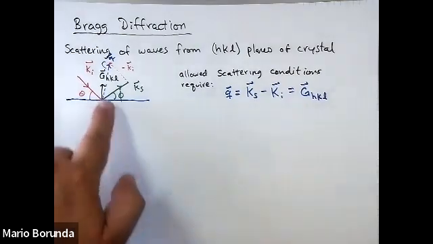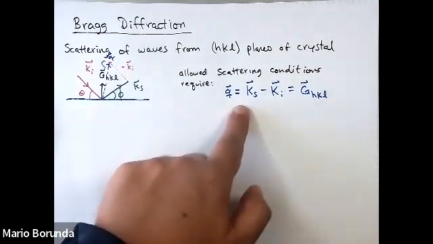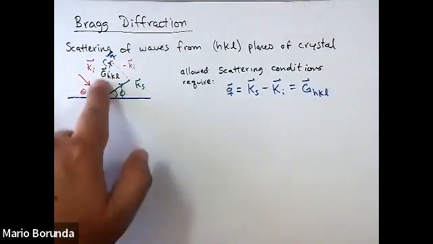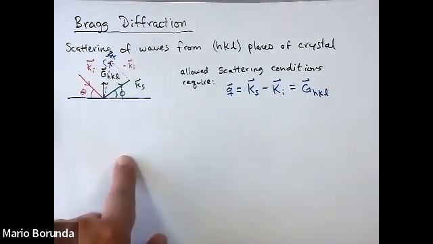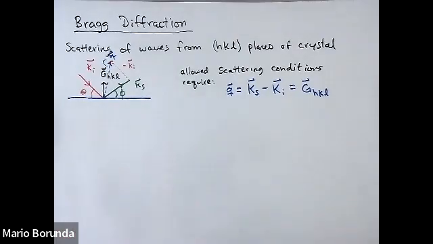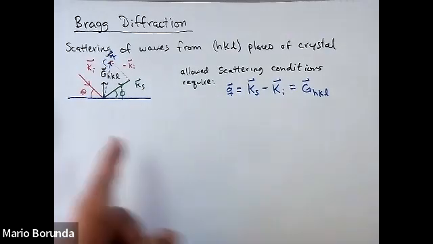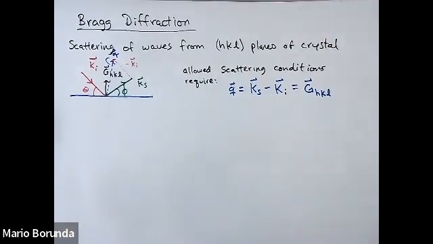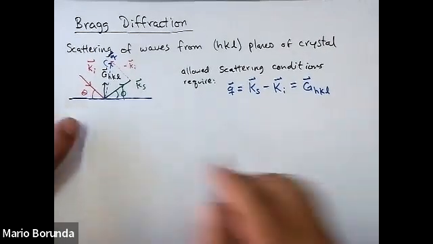So what that means is that the direction of Q must match the direction of this vector right here. So what would that tell you about the angle? If they have to match, this Q and this G have to match in direction. Exactly. Right. So exactly what you were thinking, right, Cosmo?